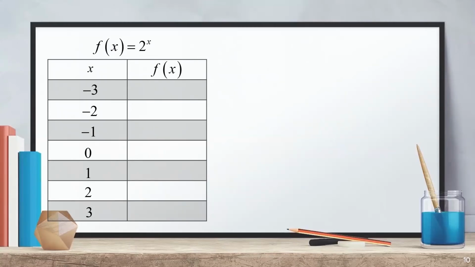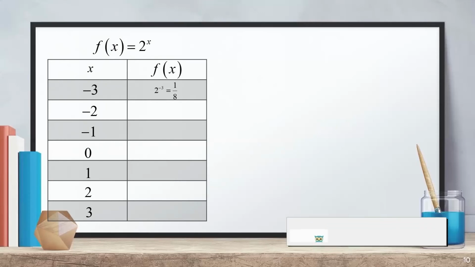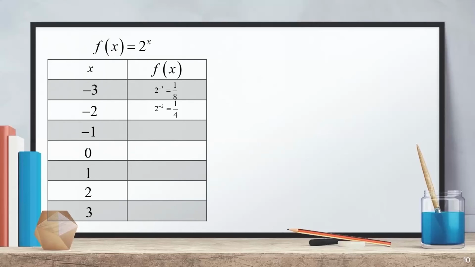When x is equal to -3, then f of x will be equal to 2 raised to -3, which will result to 1/8. When x is equal to -2, then we will have 2 raised to -2, which will result to 1/4. When x is equal to -1, we will have 2 raised to -1, which will be equal to 1/2.